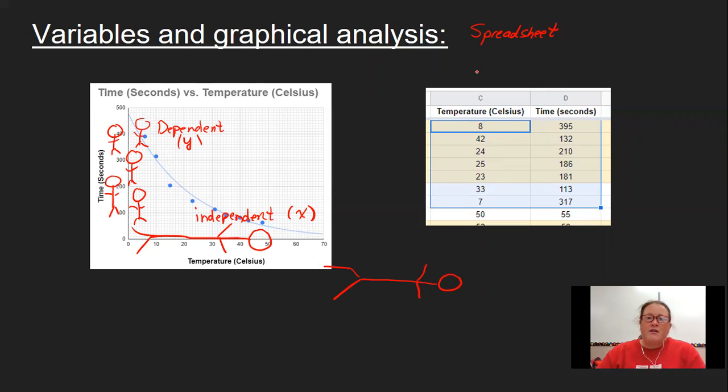By nature, the left-handed column always represents an x-axis, and the right-handed column always represents the y-axis. So if we were going to make a chart in a spreadsheet program, we would highlight this data.